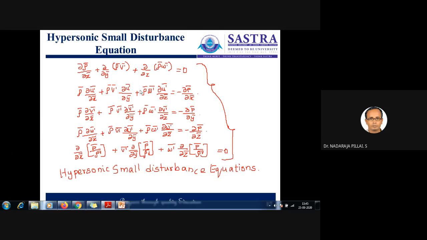So in principle, all other 4 equations, 1, 2, 3, 4 equations, this equation and this equation, give us 4 equations.